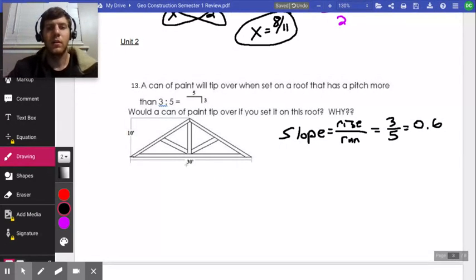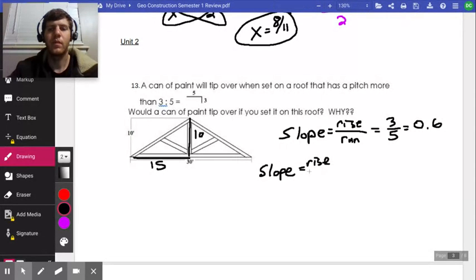Okay, our slope here, right? We're not using the full 30, we're using 15 here, and then we're using the 10. So our slope is rise over run. The rise of our roof is 10, the run of our roof is 15, which is going to give us 0.67, 2/3, right?